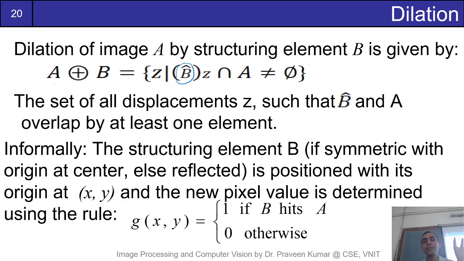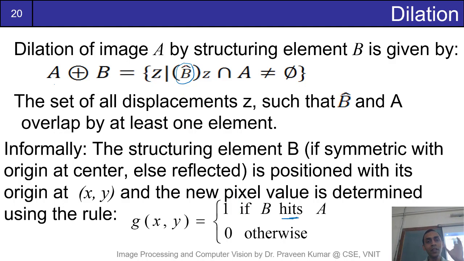Now take that set, translate it by Z, and see whether it has some intersection with A. That means at least one pixel is matching. If at least one pixel matches, then that pixel will be included in the set. So here, instead of a fit operation, we'll see a hit operation. We'll take the structuring element B, go to every location and see whether it hits any location of A. If it hits, that location is 1.